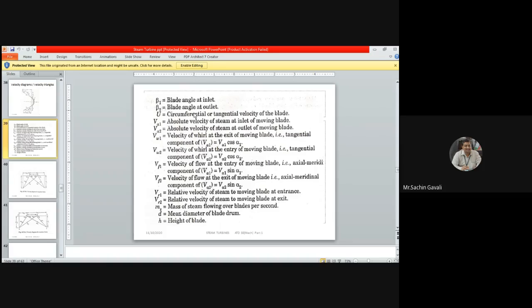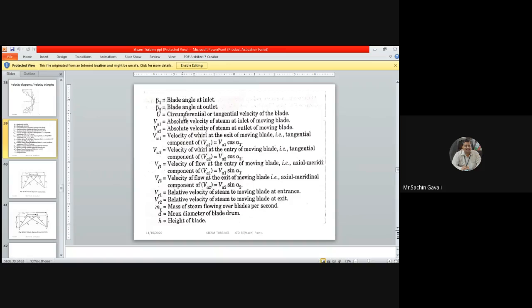And beta 2 will be, anybody? Today I think nobody is concentrating. Beta 2 will be, Kunal, Suhas, Kunal, Nikita Pawar. Okay, I will not draw, I will go to our sketching method. So beta 2 is going to be the blade angle at outlet.